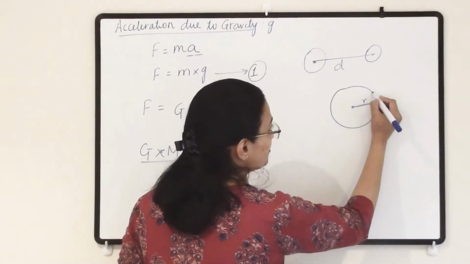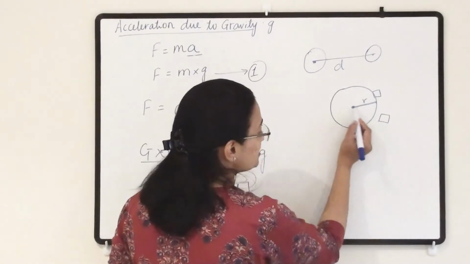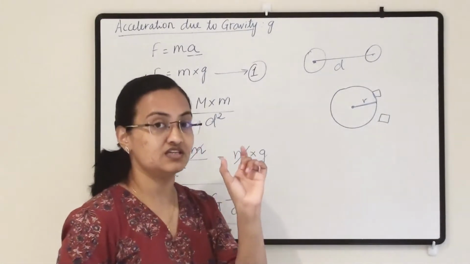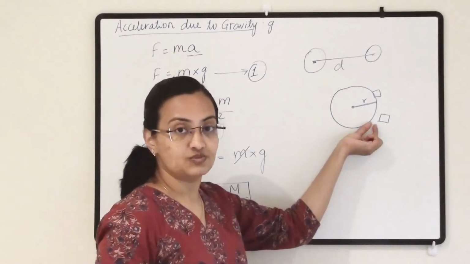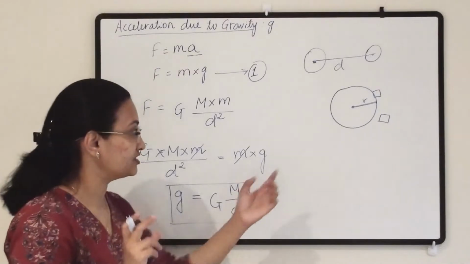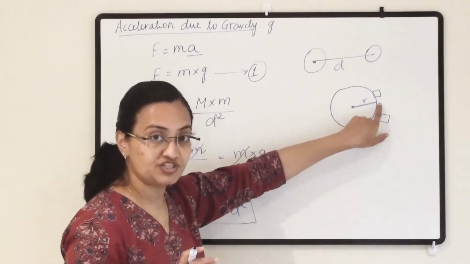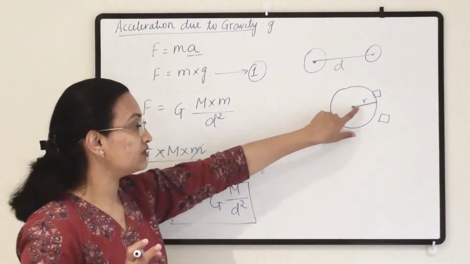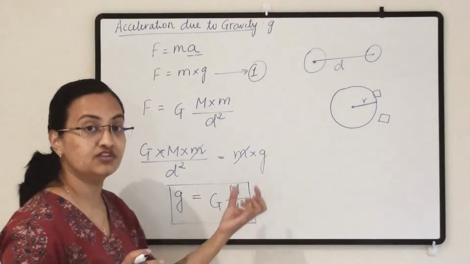So any object which is lying on the earth or near the earth, its distance is almost the same as the radius of the earth, because the radius of the earth is very large and this much difference is very negligible. So in this formula, whenever we are taking the distance between two objects, from the center of the earth till the object which is lying on or near the earth's surface, that will equal the radius of the earth. So here we are going to replace this d with r.